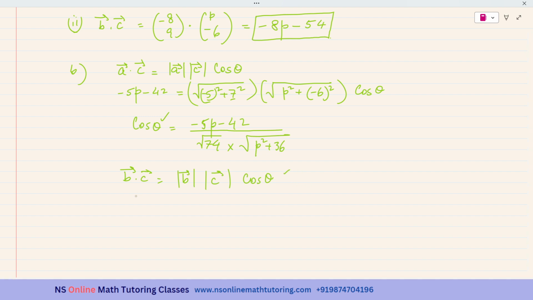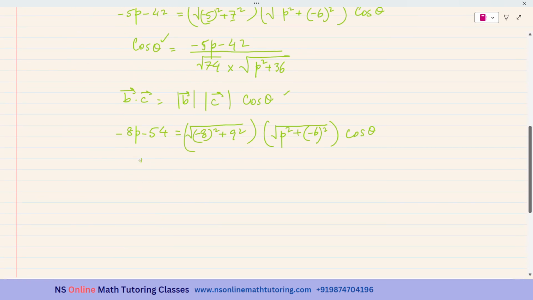So B dot C, we have got this expression, so it is minus 8p minus 54, equal to the magnitude of the vector B, which is the square root of minus 8 whole squared plus 9 squared, times the magnitude of the vector C, the square root of p squared plus negative 6 whole squared, and cos theta.